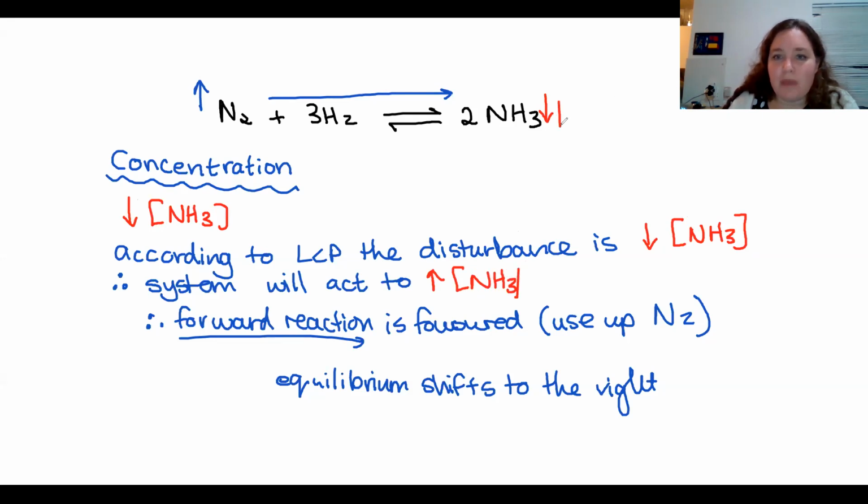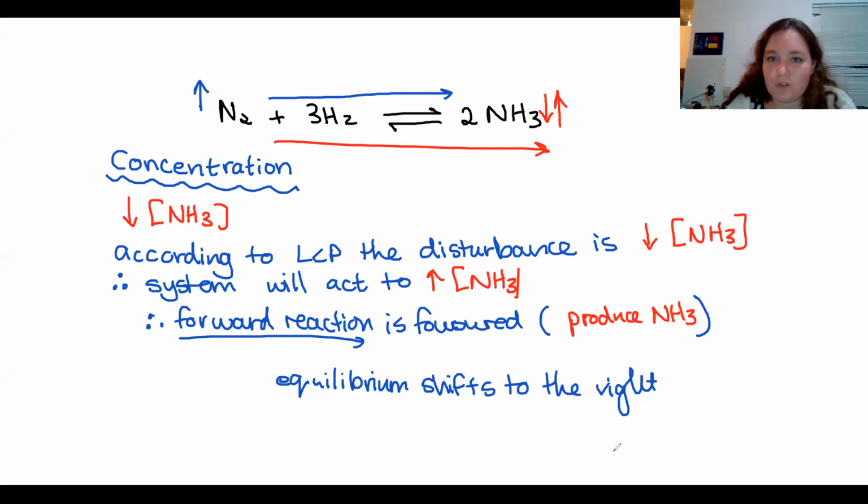If we need to make more ammonia, we must favor the forward reaction to do it. So the forward reaction is still favored. In this case, not because it'll use up nitrogen, but because it will produce ammonia. And the equilibrium will still shift towards the right.